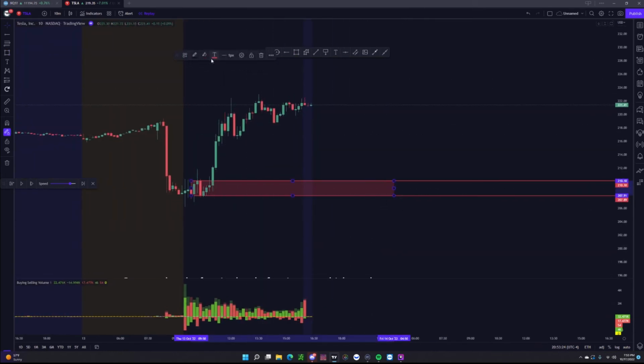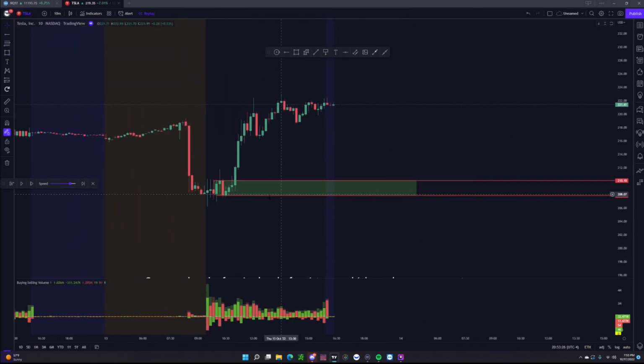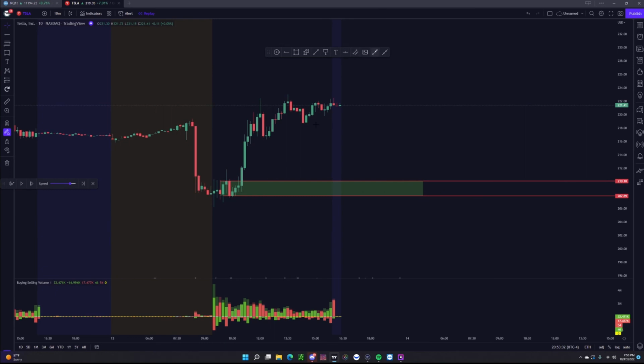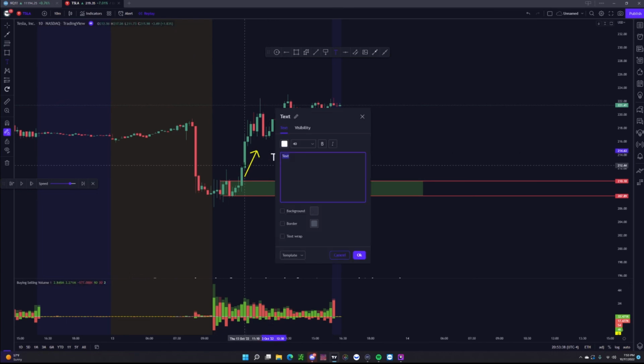I'm going to create this green because this is where the market imbalance happened. This is where supply equals demand. Ultimately, the stock went up. So this is where demand is greater than supply.